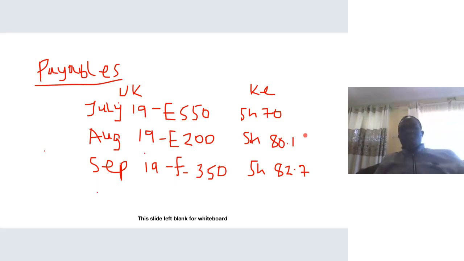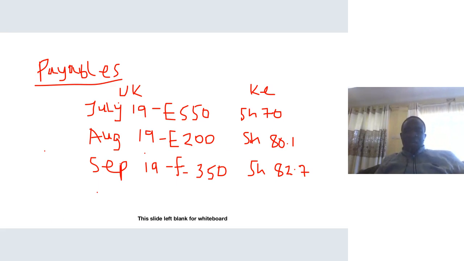So we will use the exchange rates for every transaction in each month, their corresponding exchange rates at that particular time, like for July 2019, August 2019, September 2019. These amounts are the exchange rates for every pound.